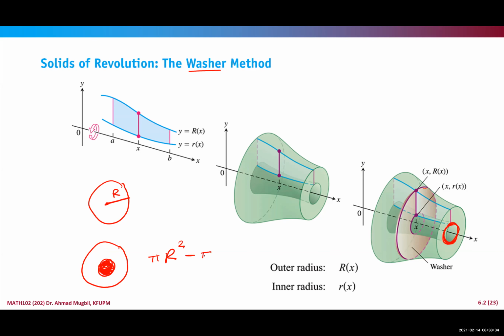So it will be minus pi times the radius of this smaller space, let's say it is r, squared. So here it is, ya shabab. I think it is clear that this is R capital, the outer. The whole one we will call the outer. This one, the smaller one, we will call the inner.